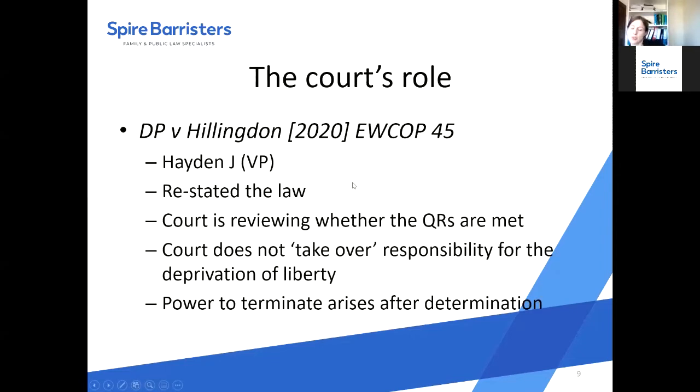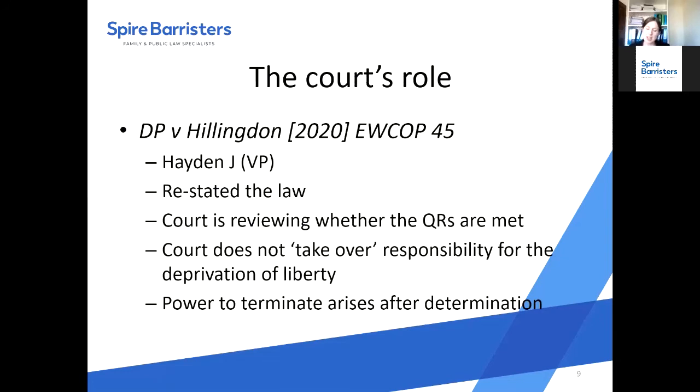So the court's role then in terms of section 21A. I think we're all aware, I hope, of the Vice President's decision, Mr. Justice Hayden in DP v Hillingdon from last year.